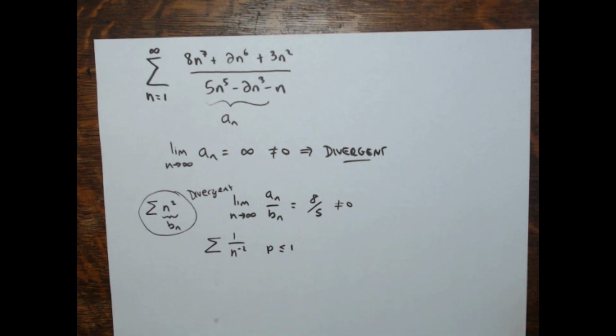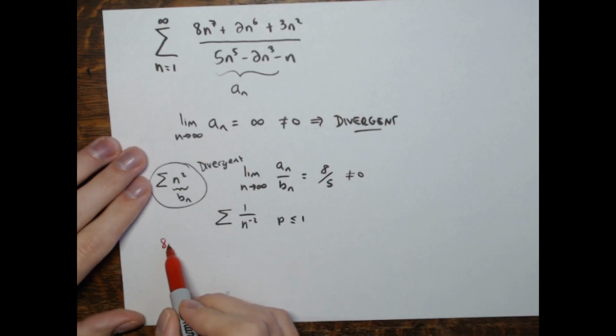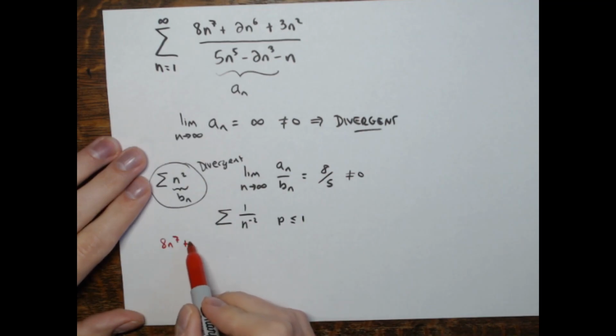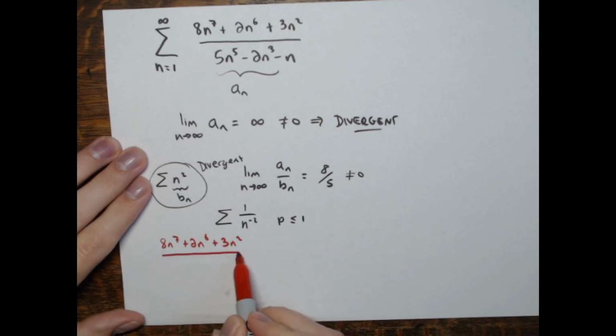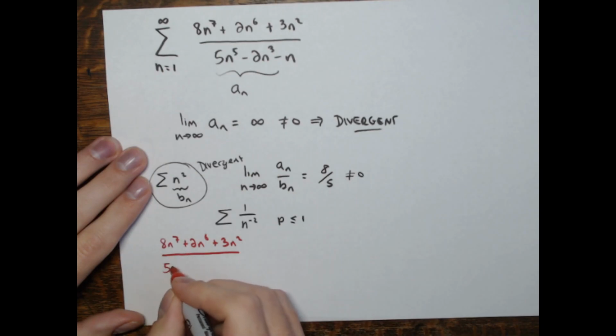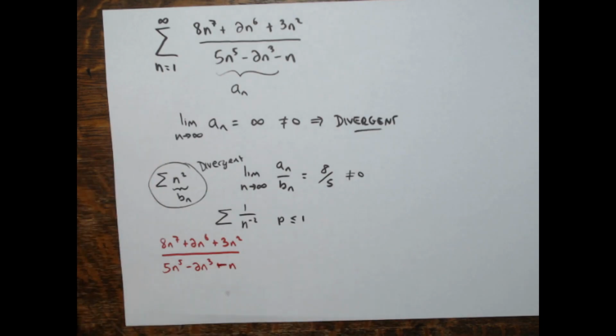Now they're saying do direct comparison. So 8n to the 7th plus 2n to the 6th plus 3n squared divided by 5n to the fifth minus 2n cubed, minus n. Remember what I was saying earlier?